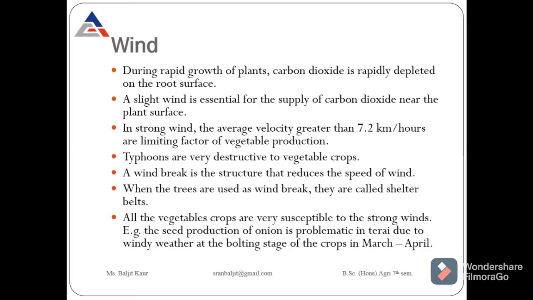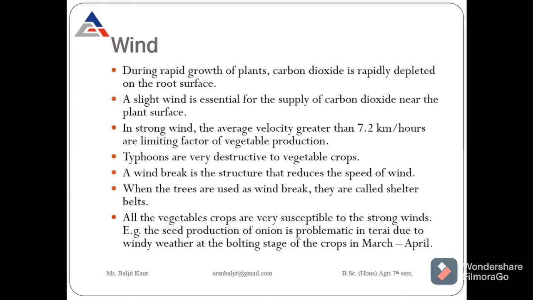We can plant trees which are known as wind breaks or shelter belts, and these trees can reduce the effect of wind on the vegetables, right? So all the vegetable crops are very susceptible to strong winds.